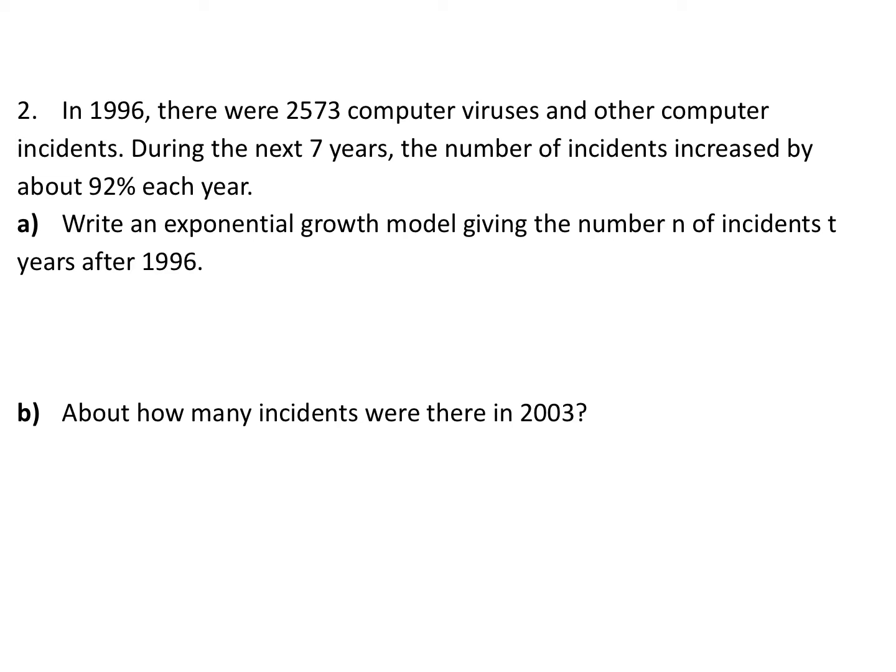In example 2, it says in 1996 there were 2,573 computer viruses and other computer incidents. During the next 7 years, the number of incidents increased by about 92% each year. Write an exponential growth model giving the number N of incidents t years after 1996. The number of incidents would equal the initial value, 2,573, but that's increasing by 92%.